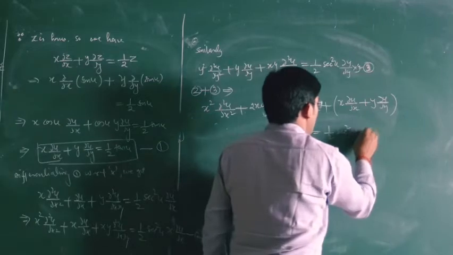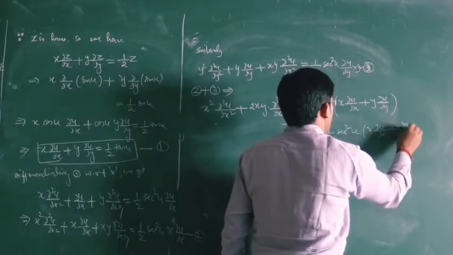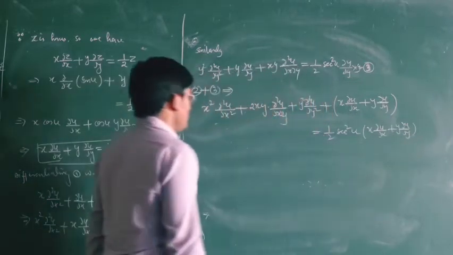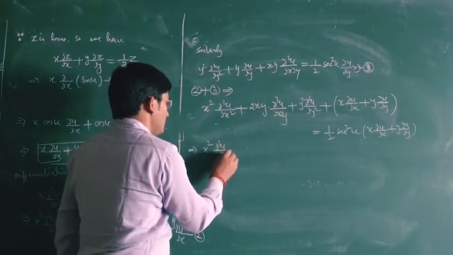So in the bracket we will have x del u upon del x plus y del u upon del y.